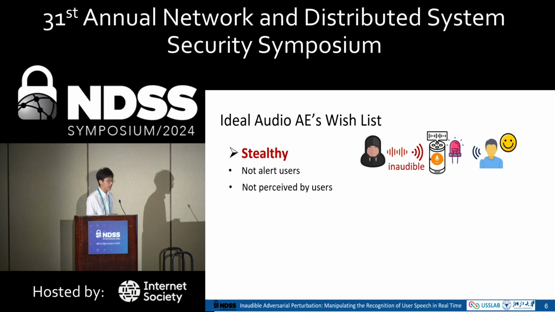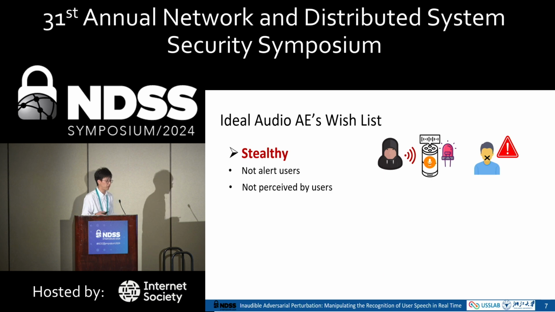So it should attack when the users are speaking to the ASR system and in an inaudible manner, because in such a case, the system's reaction like LED blink or vocal prompt is expected by the users. Otherwise, if the user is not present or there is zero user input, such a reaction is spontaneous and will raise users' suspicions.